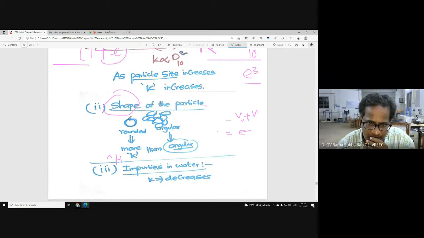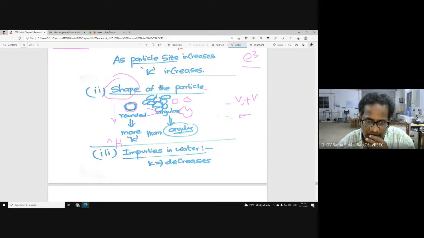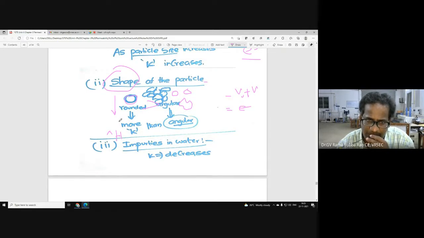Here you see, if you have a rounded particle and an angular, sharp particle. Rounded particles have more permeability than angular particles, because the angular particles may obstruct the flow of water. So in general we accept that rounded particles have more permeability than angular particles.